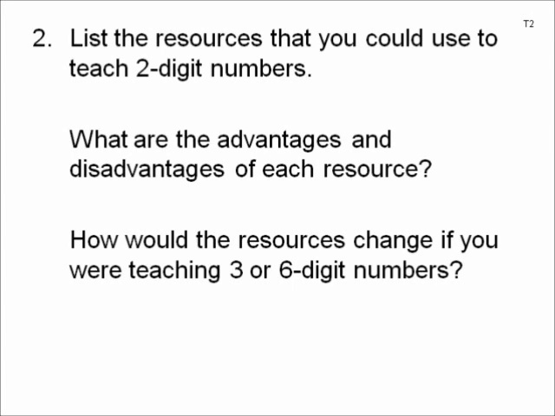Okay, so how would these resources change if you were teaching 3-digit numbers? That's right, you'd use MABs, you probably wouldn't use the others. And what would happen with the place value map? Yes, you'd have to have that extra house. And what about 6-digit numbers? With 6-digit numbers, even using MABs becomes awkward, because the MABs typically only go into the thousands, 4-digit numbers.